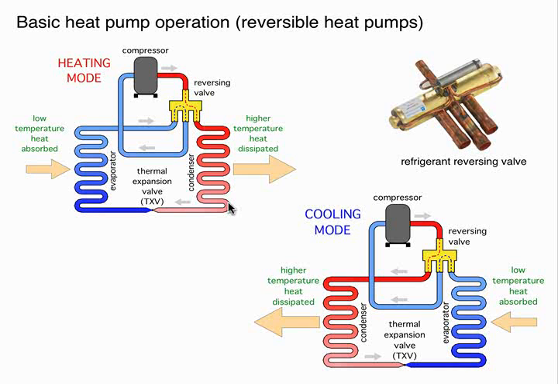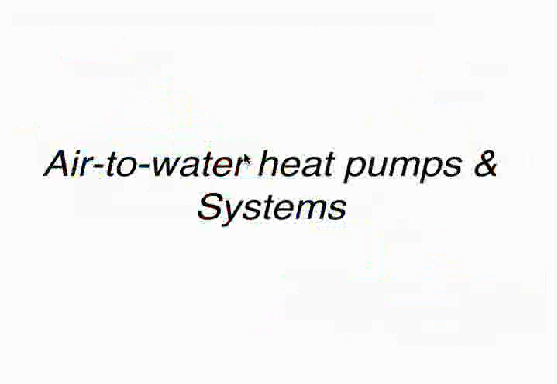In the heating mode, on the left side here, we're looking at heat absorption into the evaporator, cool refrigerant evaporating, and after it passes through the reversing valve up to the compressor and down to the other heat exchanger, which in the heating mode is functioning as the condenser, that's where we're dissipating heat off to the load. When we apply a 24-volt signal to the reversing valve, the function of the evaporator and the condenser are swapped. Again, both types of heat pumps will use that.